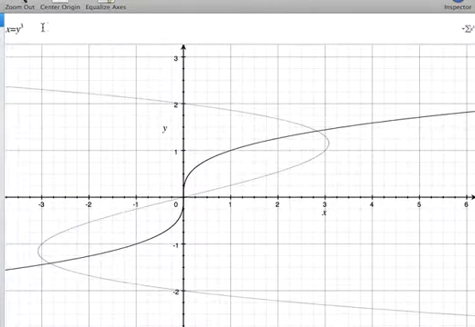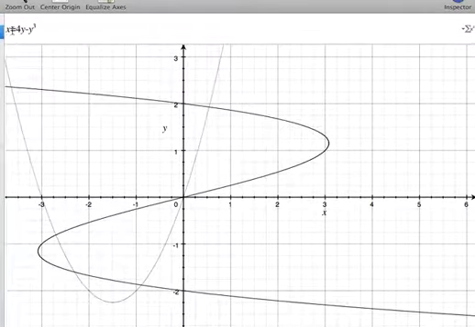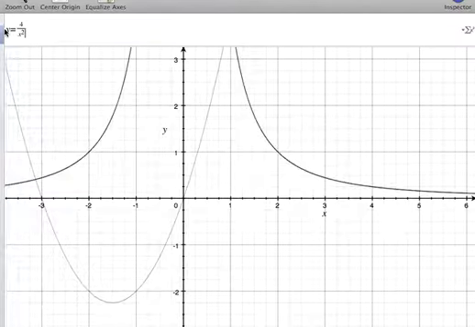Now, let's go ahead and put those into Grapher real quick. Let's go ahead and go y is equal to x times x plus 3. Let's change this one: y is equal to 4 divided by x squared.